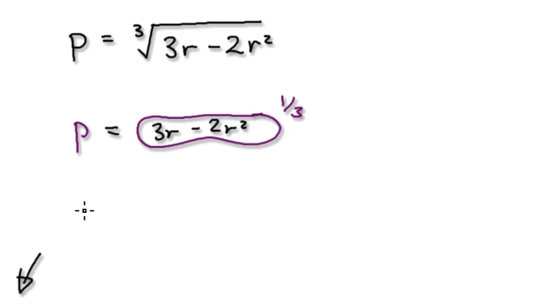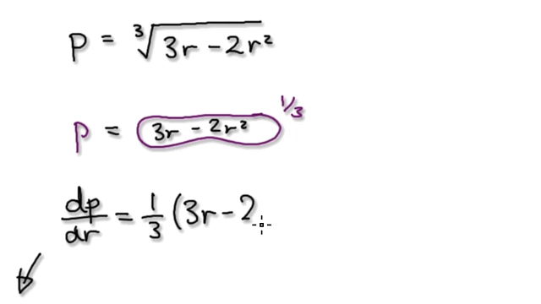Anyway, differentiate it. It will give you dp by dr equals a third, and then the bubble stays intact, and then the power gets minus 1. So a third minus 1.